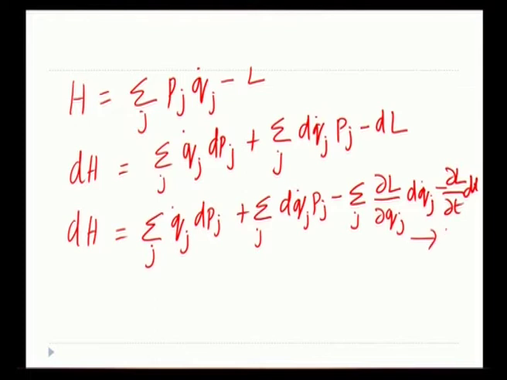Keep this as equation 4. In general, the minus dL is written as these components, while the other two components come as they are in this equation, as we wrote the Hamiltonian in the earlier case.